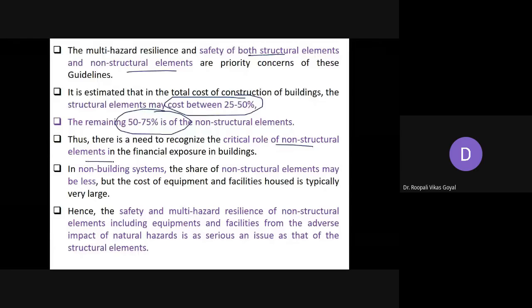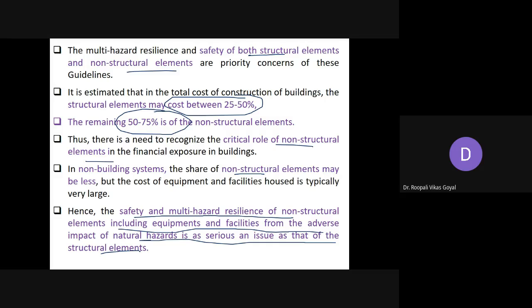And in non-building systems like industries, infrastructure projects, civic communities, the share of non-structural elements, such as building finishes, is very less. Generally the cost of equipment and facilities used in buildings is more than in non-building type systems. Hence the safety and multi-hazard resilience of non-structural elements, including equipment and facilities, from the adverse impact of natural hazards is a very serious issue, and it is to be treated similar to your structural elements.